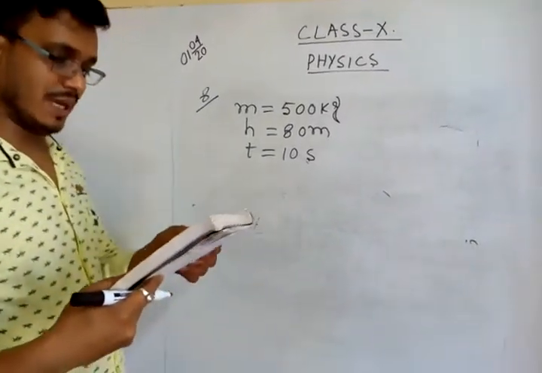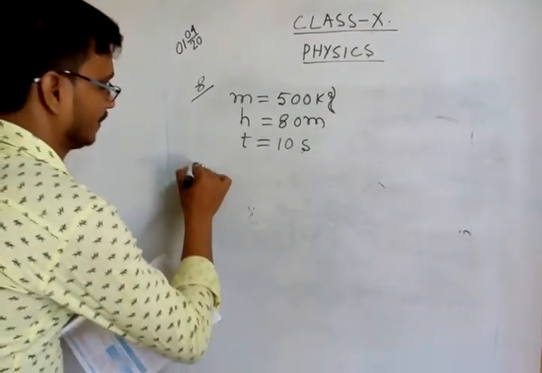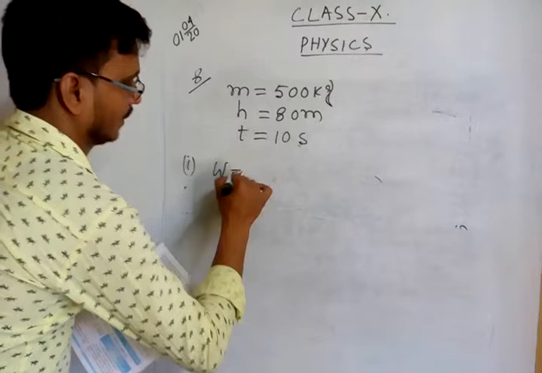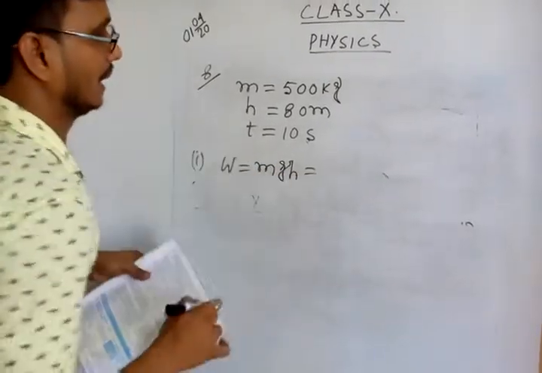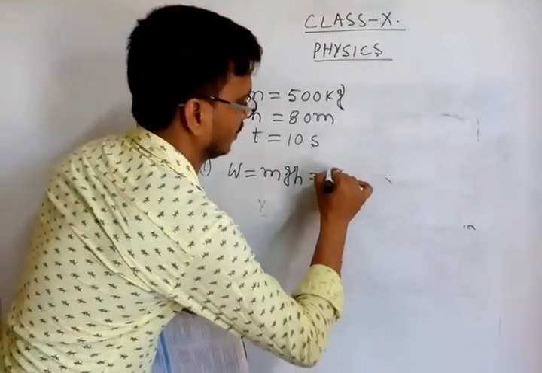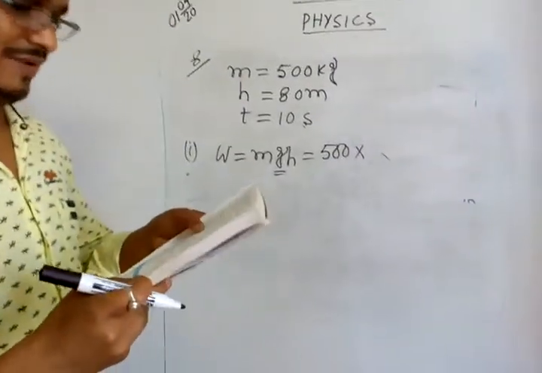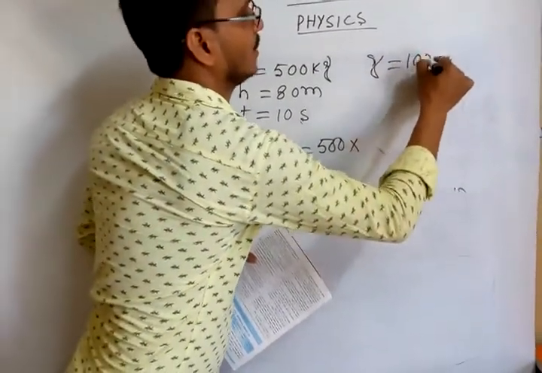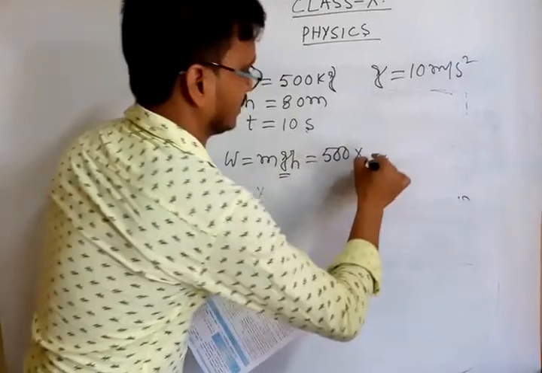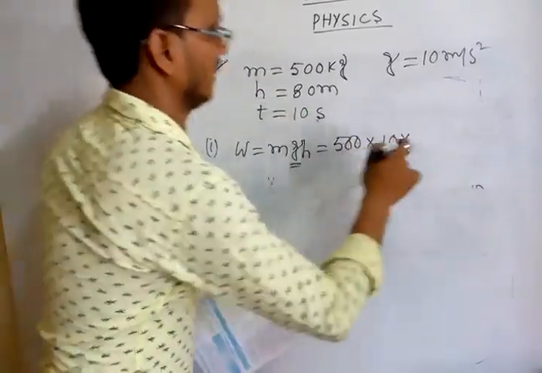The first question is the work done by the pump. So work done equals mgh. m is mentioned, 500. g value is given, 10 meter per second square, into 10, and h is mentioned, that is 80.